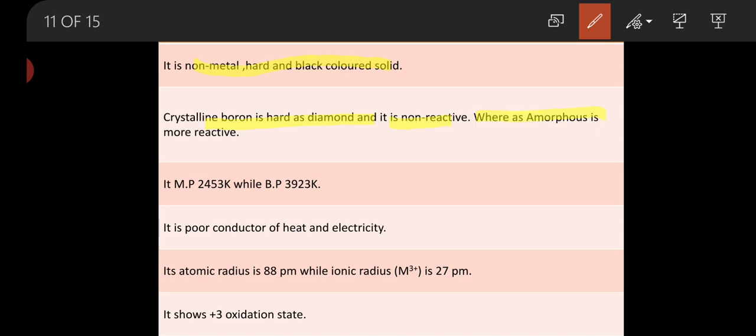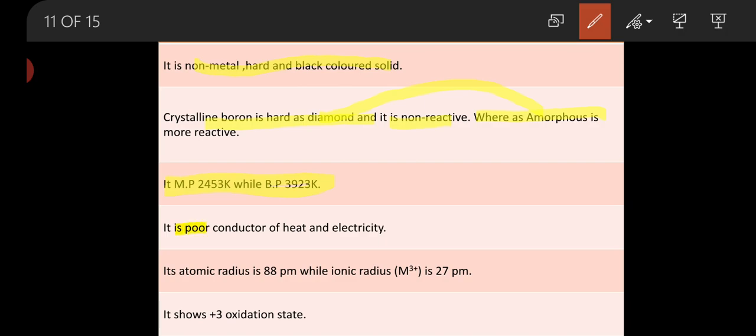Whereas amorphous boron is more reactive than the hard, solid boron. The melting point of boron is 2453 Kelvin, while the boiling point is 3923 Kelvin.